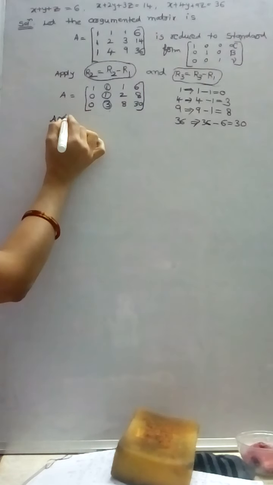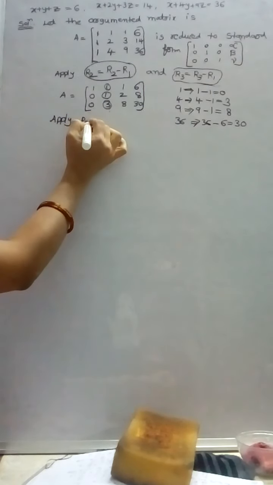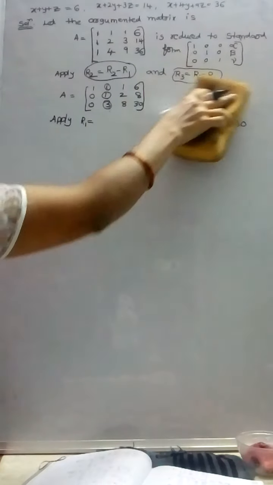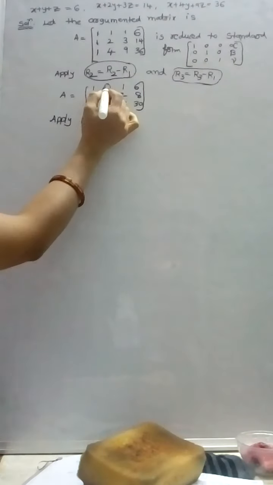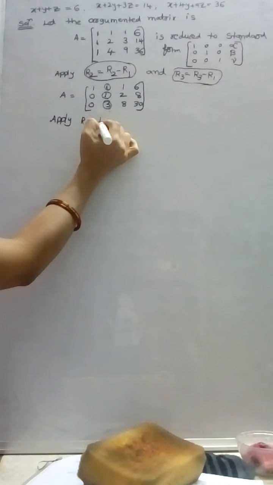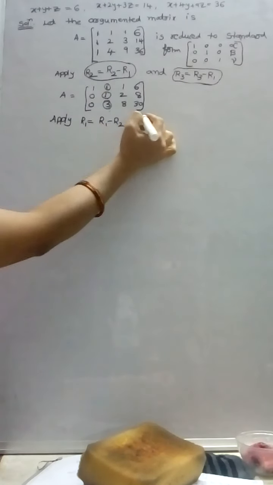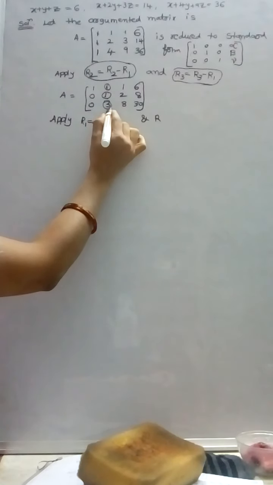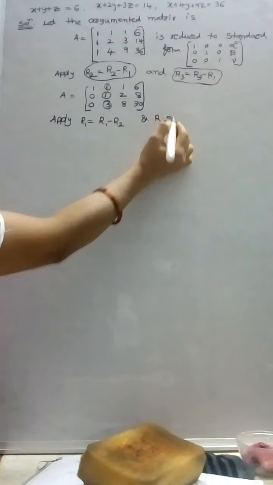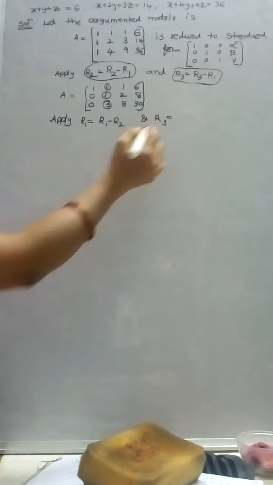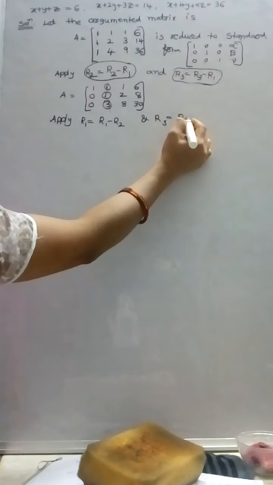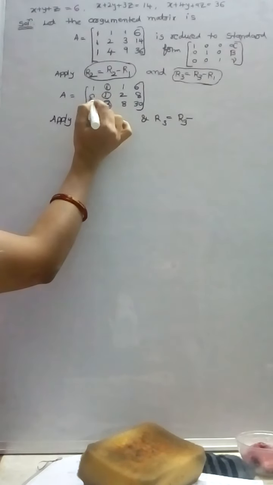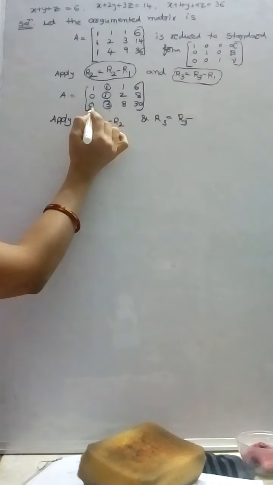For that, we apply R1 equal to R1 minus R2, since 1 minus 1 is equal to 0. Next, for the R3 row, we take R3 equal to R3 minus a multiple of the second row. We use the second row because its first element is 0.